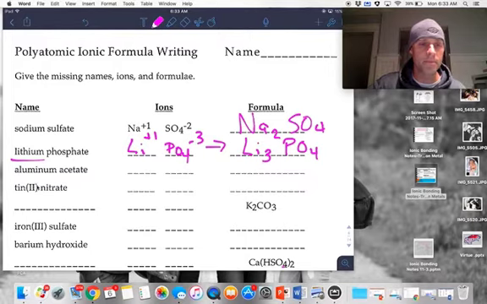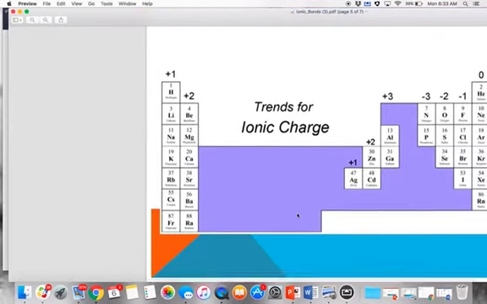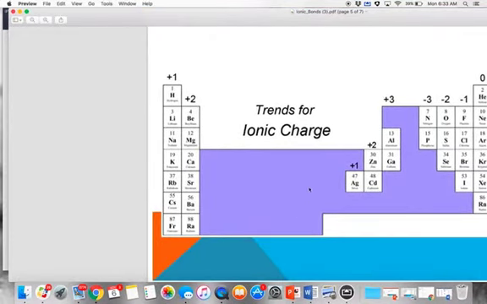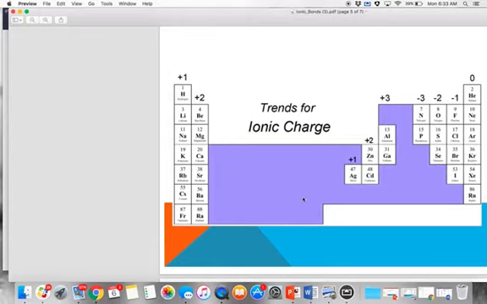Okay, let's do a transition metal. Let's skip aluminum acetate and go to tin nitrate. So tin, if I go back, tin is one of these purple ones on my periodic table. It's one of those transition metals. We can't tell the charge by looking at the table.